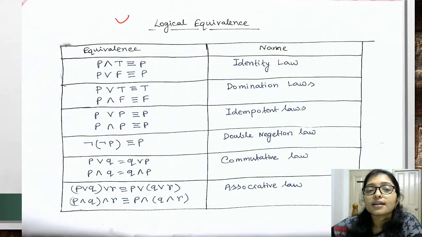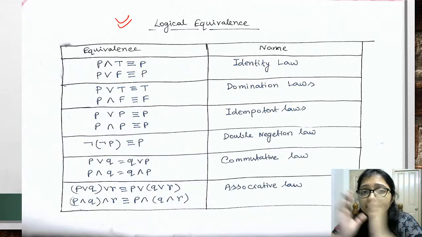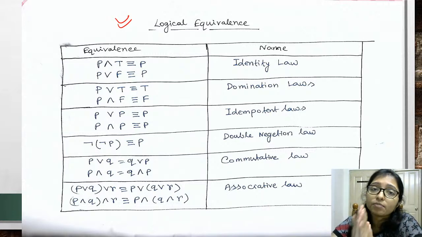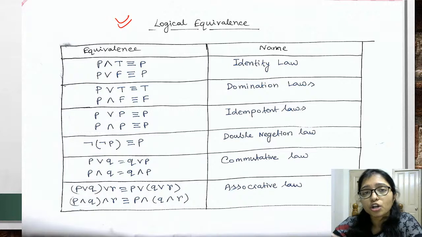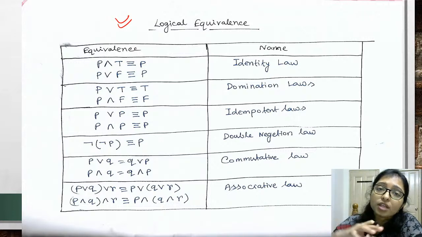Now, there are some charts you have to remember for the exam. That will be easy for you to remember. It actually comes from digital logic, the same concept of digital logic. Try to learn propositional logic and digital logic in the same way, so you will be able to solve the digital logic simplification questions also.